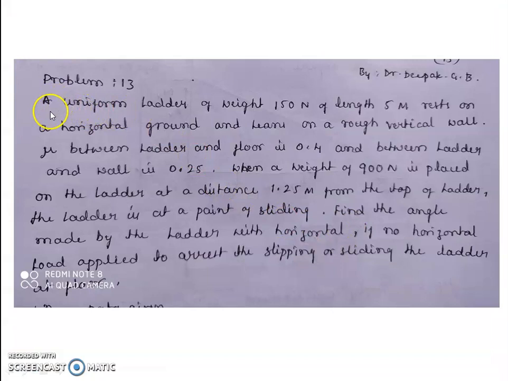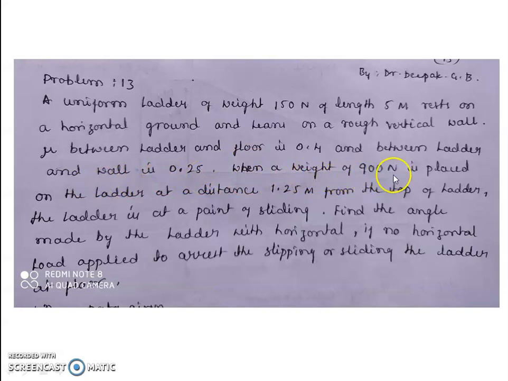Problem 13. A uniform ladder of weight 150 Newton of length 5 meter rests on a horizontal ground and leans on a rough vertical wall. Coefficient of friction between ladder and floor is 0.4 and between ladder and wall is 0.25.